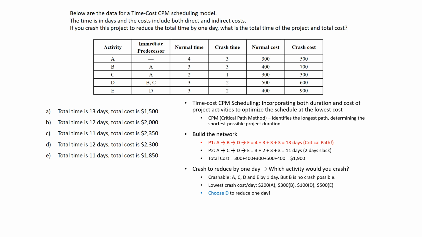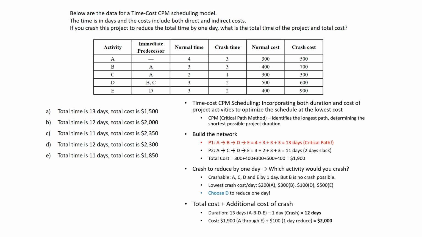So the duration used to be 13 days, as we have seen in the red over there, and then by choosing the activity D to reduce from 3 days to 2 days, now you can finish within 12 days from the normal 13. Then the cost will increase, right?